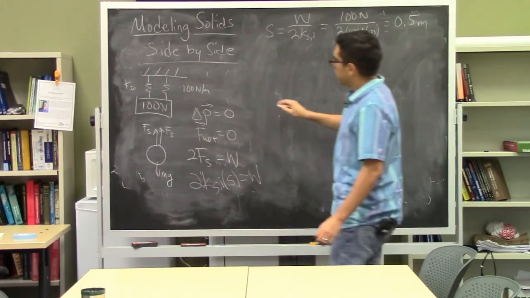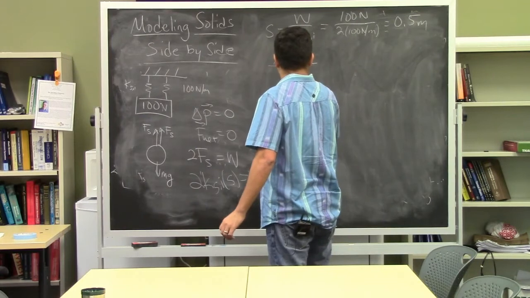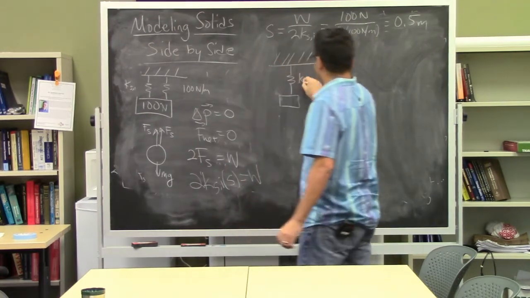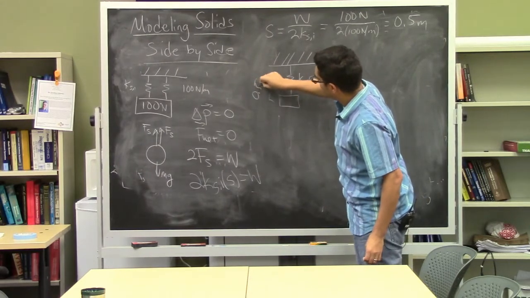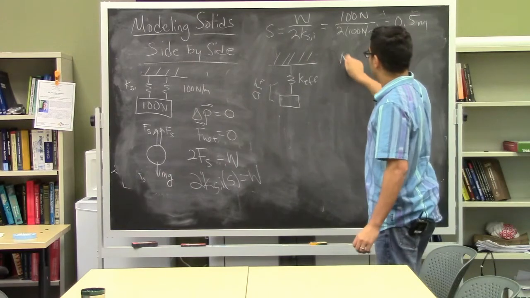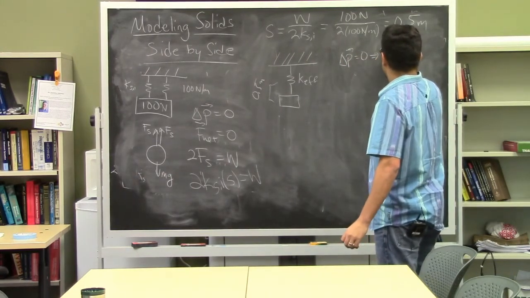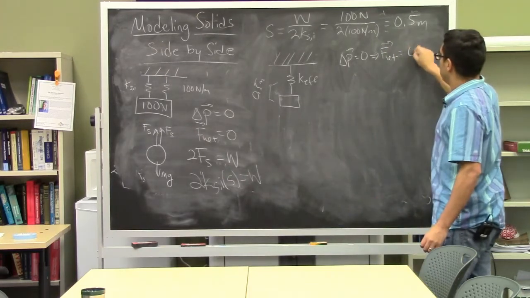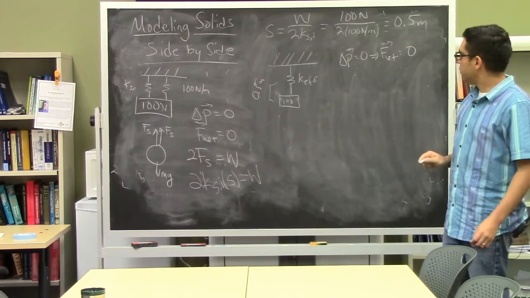So we can model this again as a single spring with some effective spring constant that stretches the same 0.5 meters. And we can determine what that effective spring stiffness is. So again, the change in momentum of this guy is 0. That implies that the net force acting on this 100 newton mass is also 0.